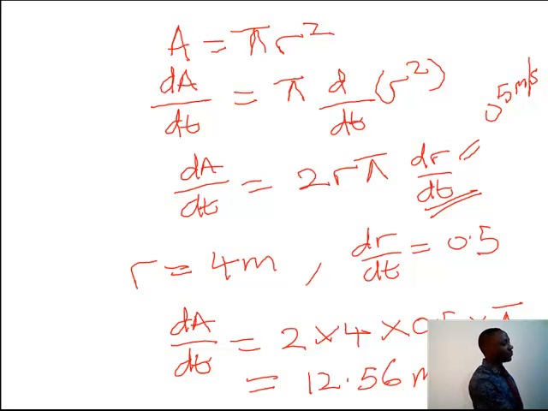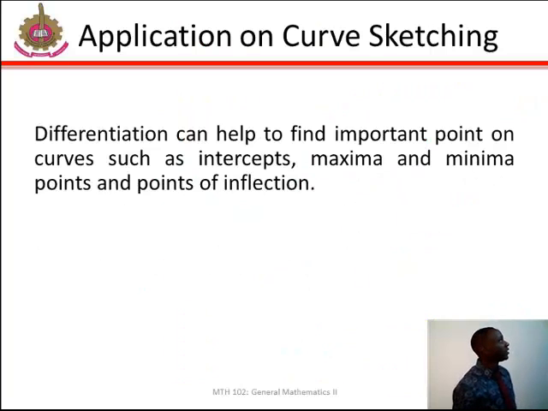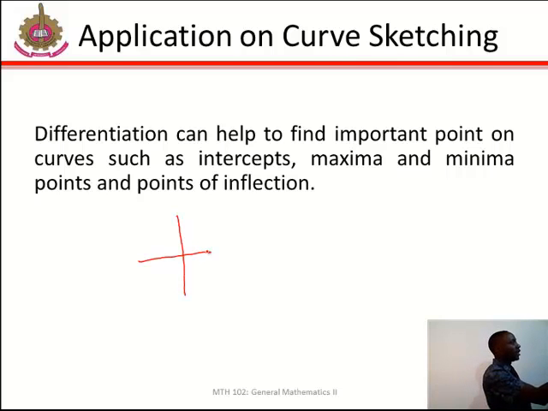Now, let's continue. The next one we are going to be discussing is the application on curve sketching. Differentiation can help to find important points on curves, such as the intercepts, the maximum and the minimum points, and the point of inflection. The intercept is where the curve meets the axis at a particular point.